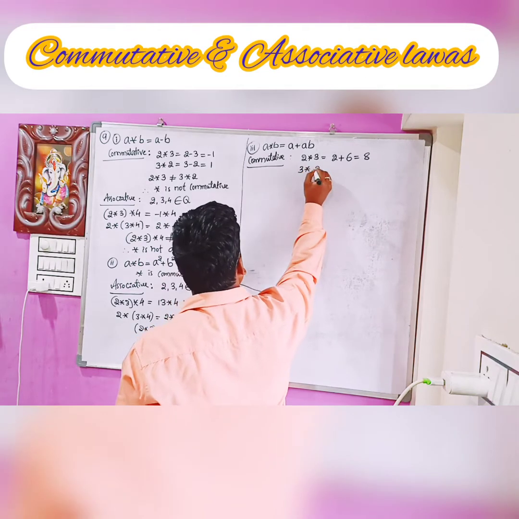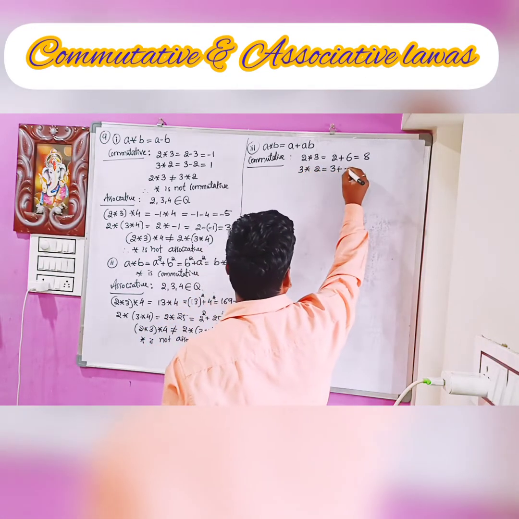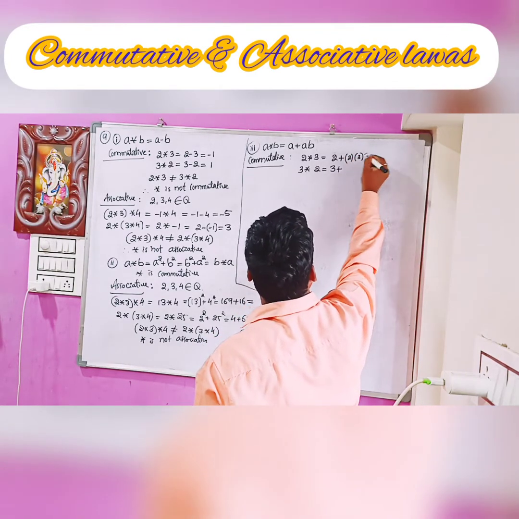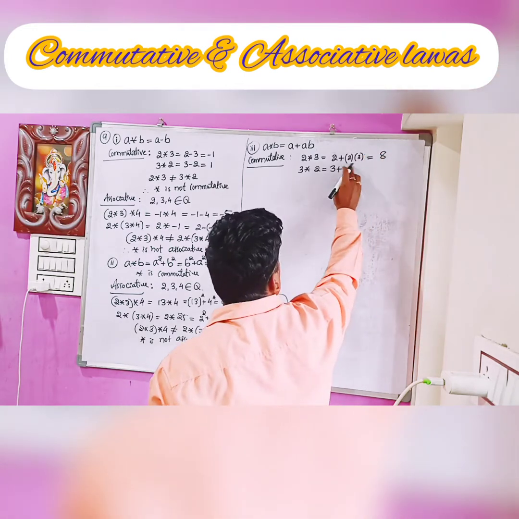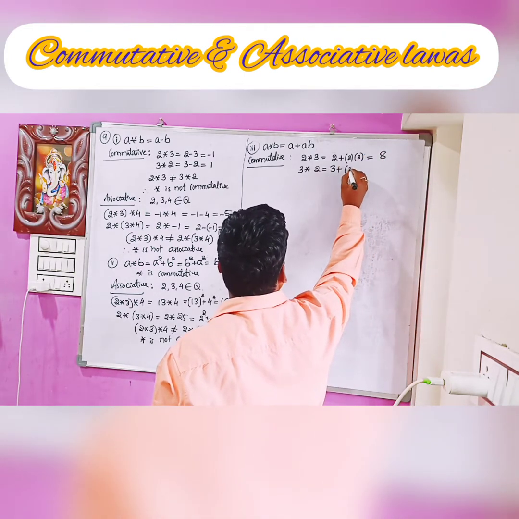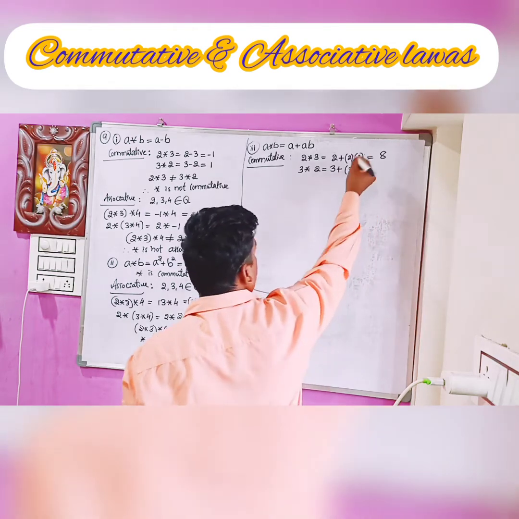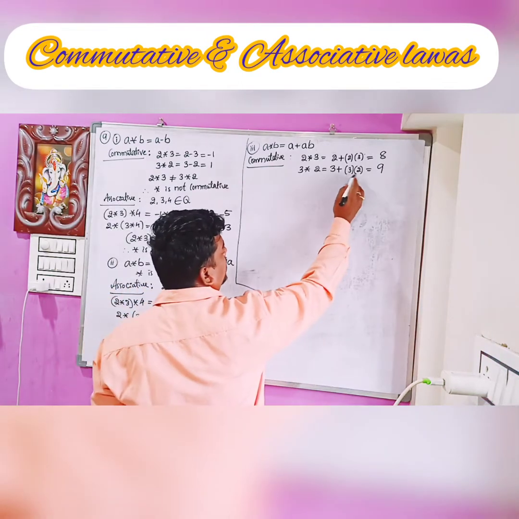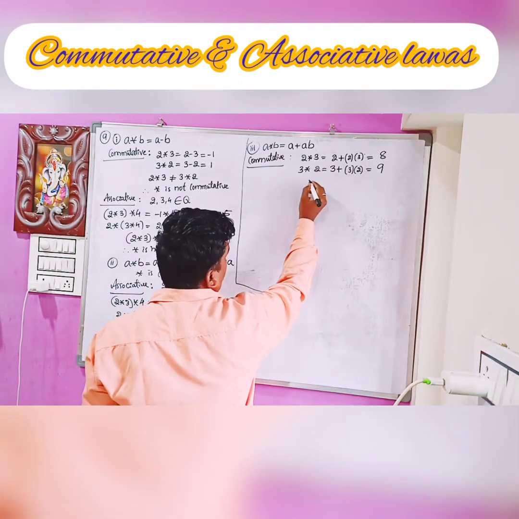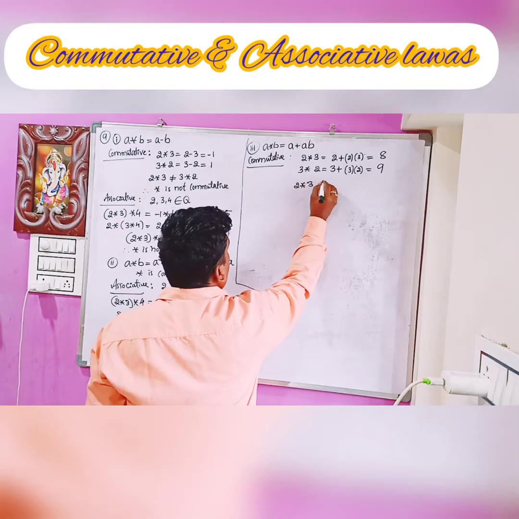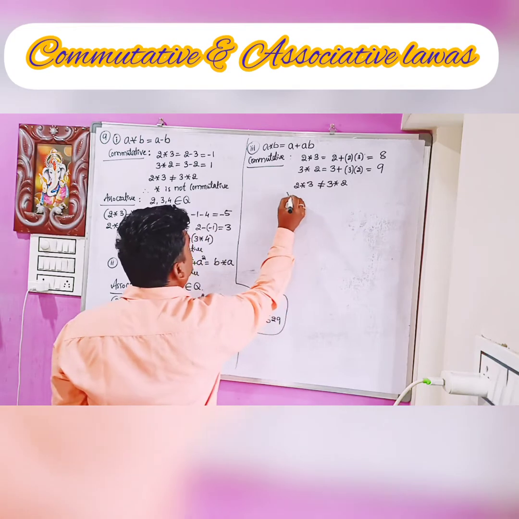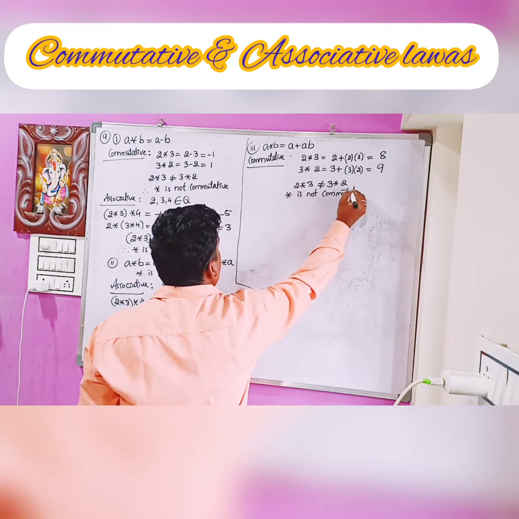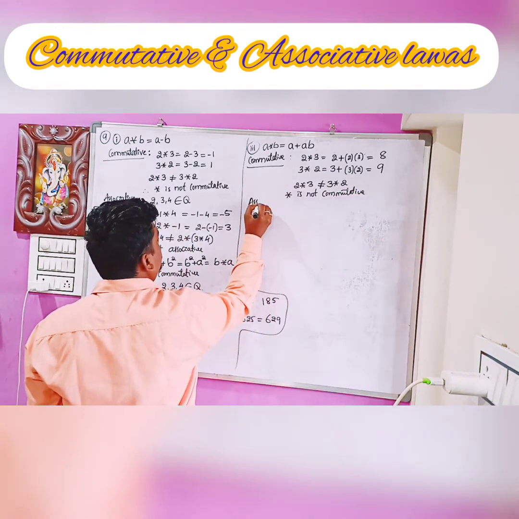What is 3 star 2? 3 plus 3 into 2, and 3 into 2 is the same as 2 into 3, which is 6. 6 plus 3 is 9. So therefore it is not equal. 2 star 3 is not equal to 3 star 2. Therefore star is not commutative.